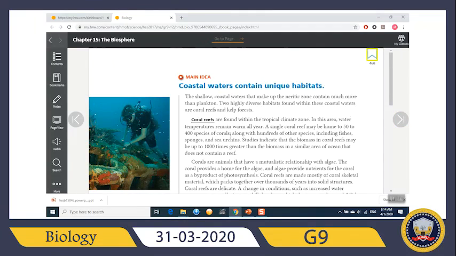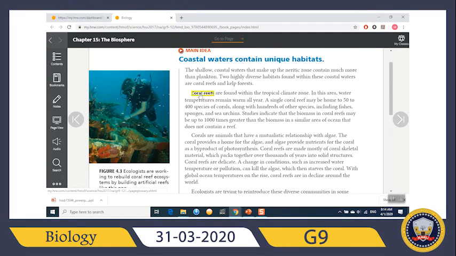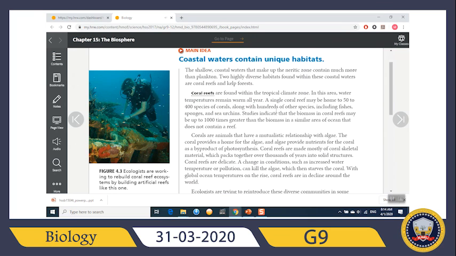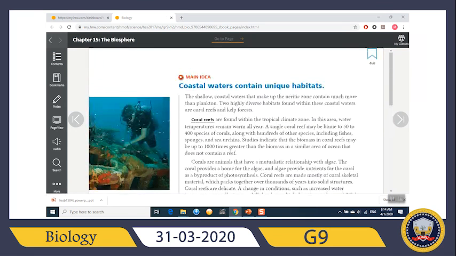Now, the coral reefs. What are coral reefs? A coral reef is a limestone ridge found in tropical climates and composed of coral fragments that are deposited around organic remains. Your homework for next lesson is to give me examples of where we can find coral reefs.